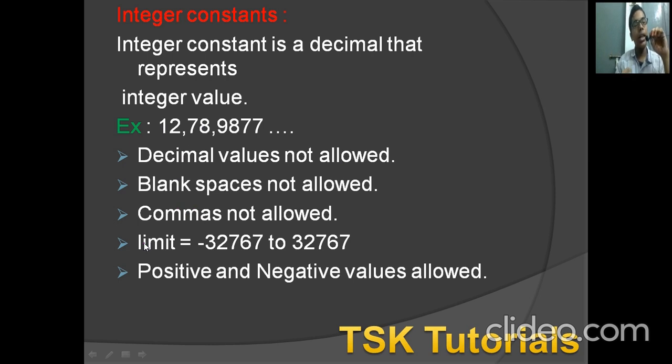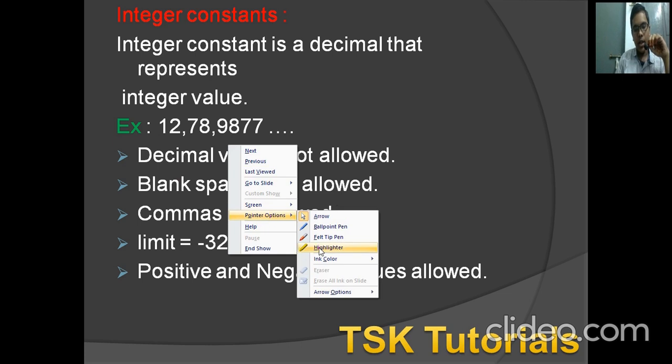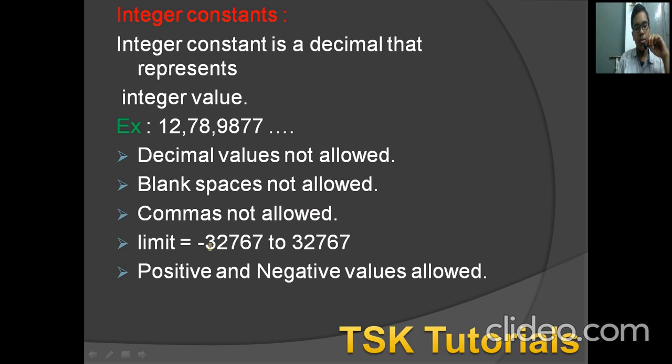And there is some limit to store the values in an integer constant: minus 32767 to plus 32767. Both positive and negative values are allowed in the integer constant.